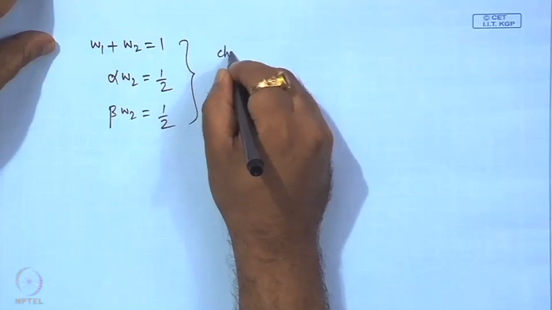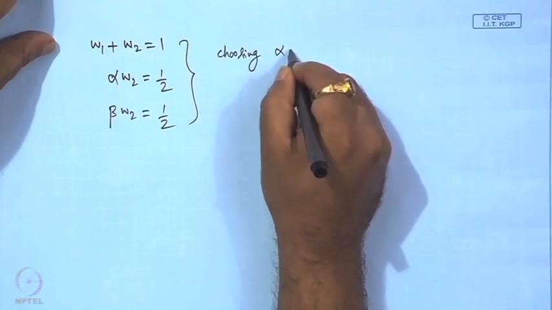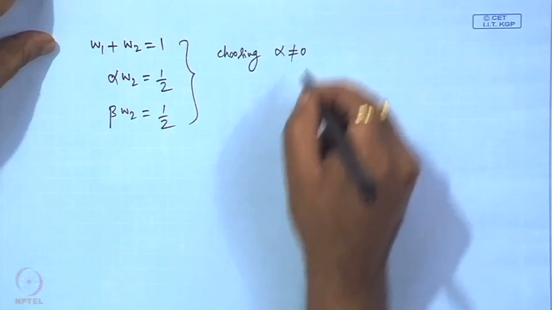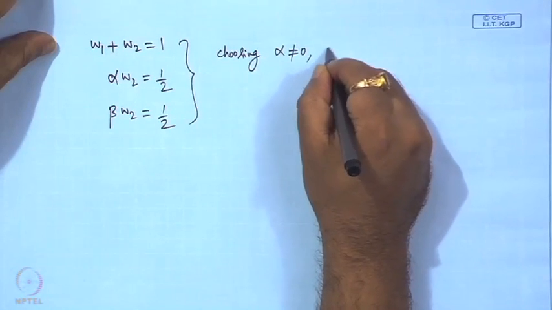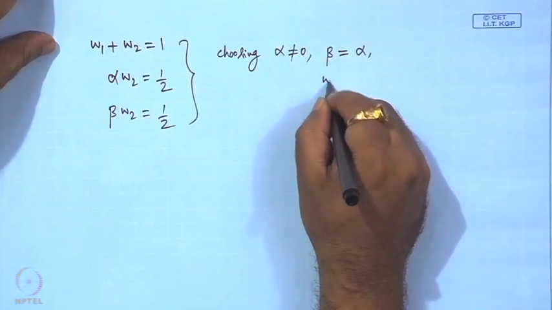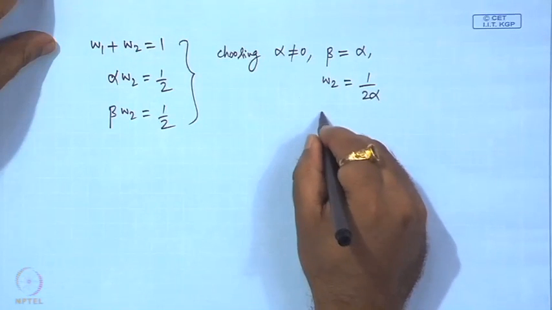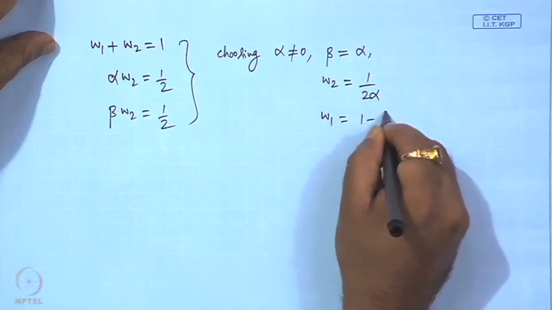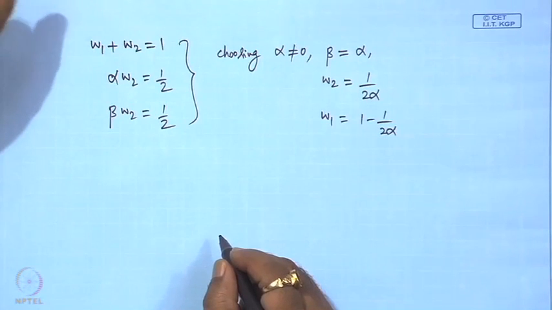So, let us say, choosing alpha non-zero, okay, we get beta equals alpha, W 2 is 1 over 2 alpha, W 1 is 1 minus 1 over 2 alpha. Okay.